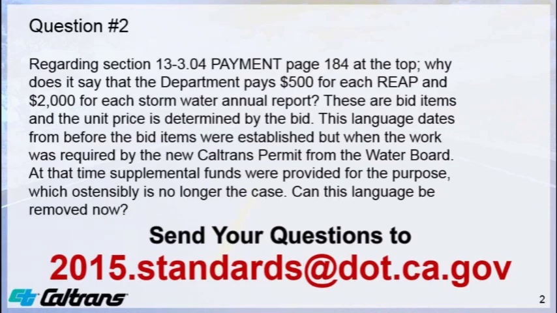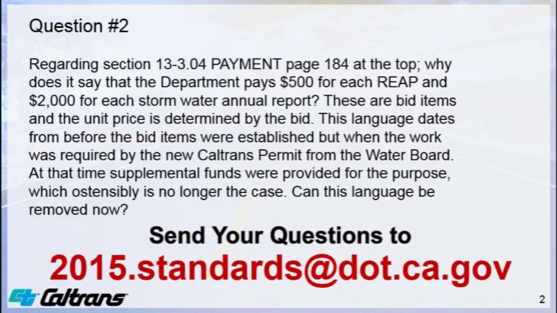The second question regarding section 13-304 payment at the top: why does it say the department pays $500 for each REAP and $2,000 for each stormwater annual report? As part of the new construction general permit that came out several years ago, there was an agreement between Caltrans and industry, because the cost of doing the REAPs and the annual reports was not really known at that time, either by Caltrans or by the industry, of what this kind of work was going to take.